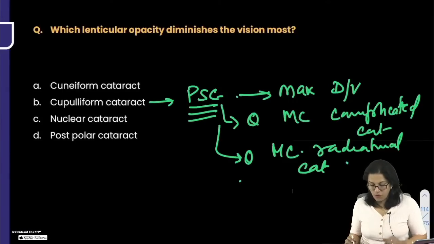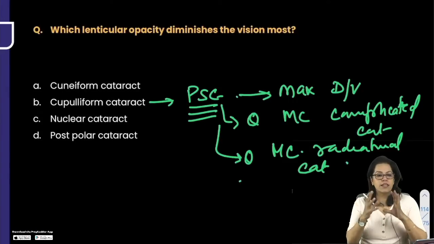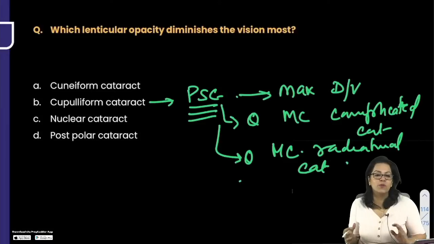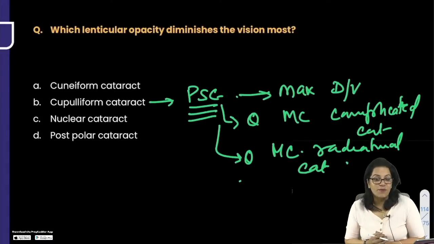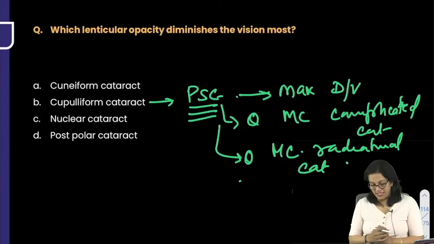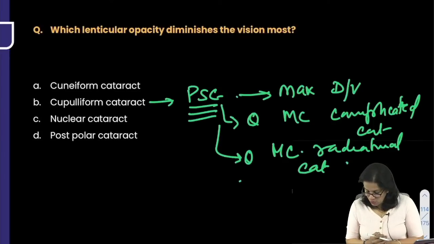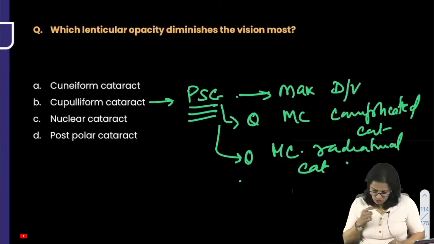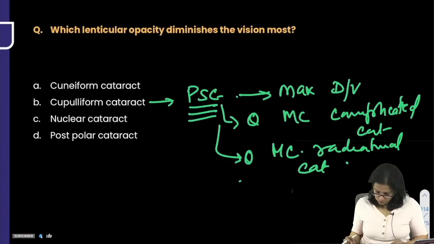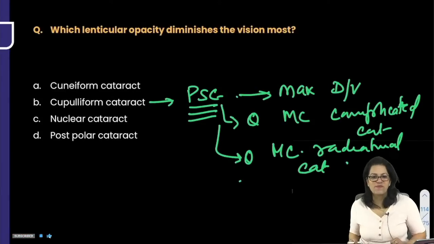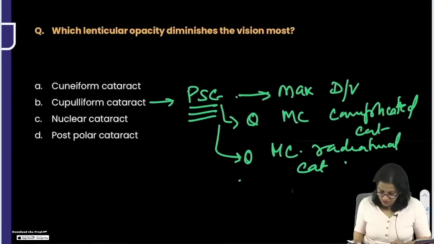Okay. What will be the best way to see a PSC? Is it slit lamp or distant direct ophthalmoscopy? You will say distant direct ophthalmoscopy is even better than slit lamp. Okay. So, to see the PSC. Right. I think there was one more question on PSC. I'll tell you when I remember. So, this is the answer of this question.